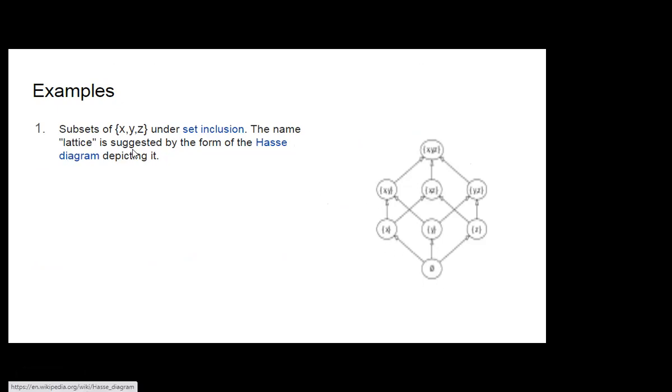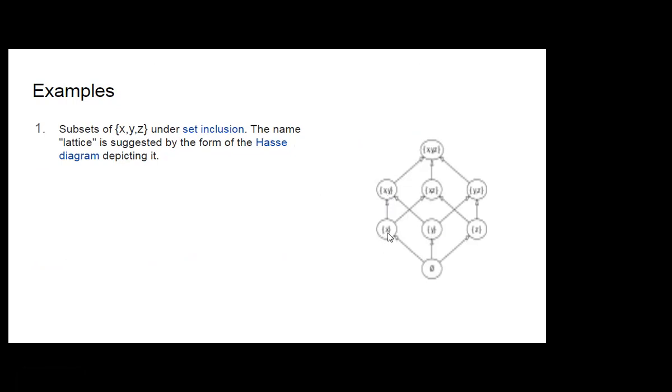X, Y, Z are the items. Then phi is there. Then X, Y, Z, three elements are there. Then for X and Y, the combination will be the set XY.